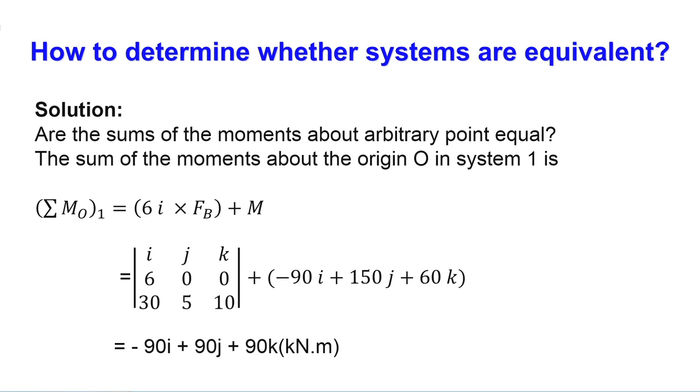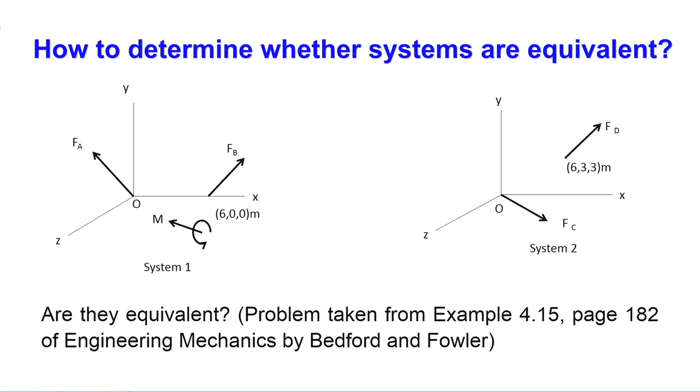Now, if we go to the figure for the first system, we can see that force FA passes through O, and we are taking moments about O. So, the moment due to FA is 0. Only force FB creates a moment, and FB's coordinates are 6, 0, 0, that means 6i plus 0j plus 0k, which we write as 6i.